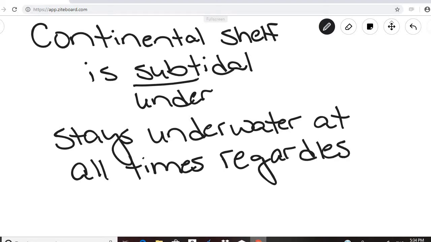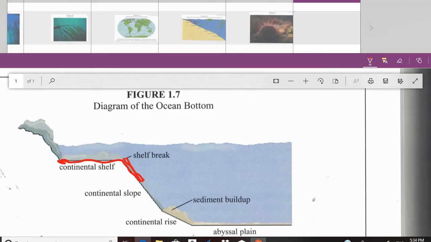So it is always covered in water. Because the tide area, if we go back to that picture, would be this area here, where you get the uncovering during low tide and covered during high tide, but the continental shelf is always underwater.